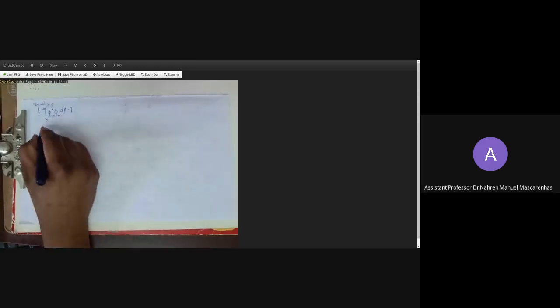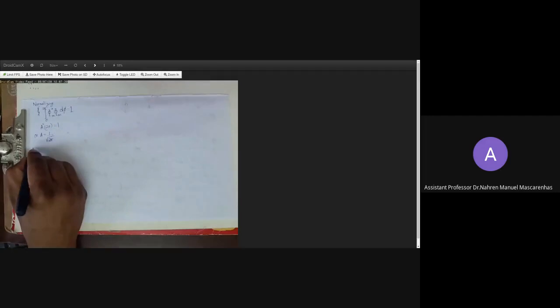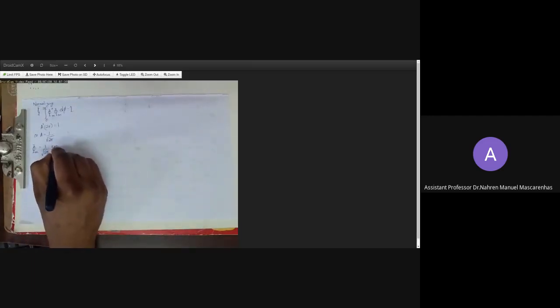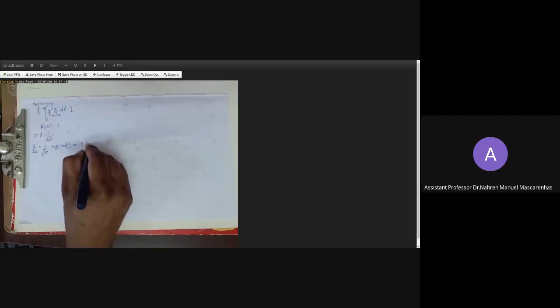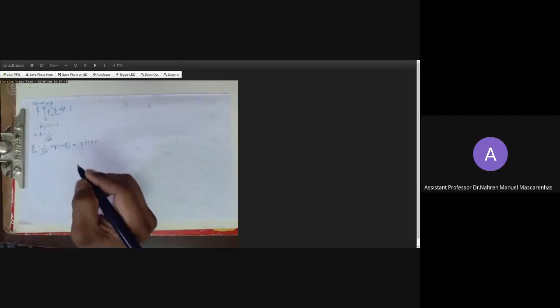So this will leave you with the solution A square 2 pi equal to 1, or we say A equal to 1 by root 2 pi. So the normalized wave function can be written as 1 by root 2 pi exponential i m psi, where m can be 0, plus minus 1, plus minus 2 and so on.